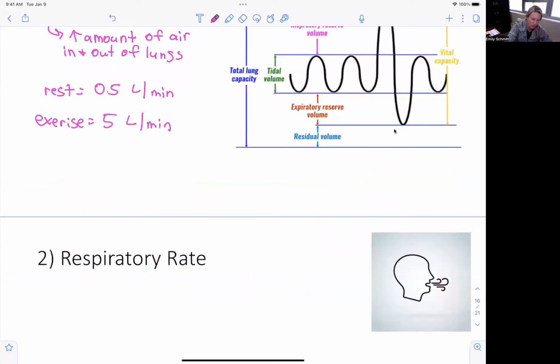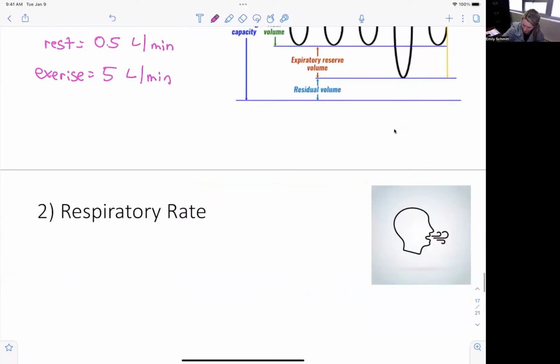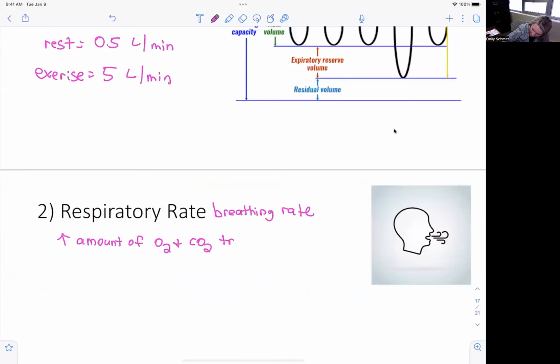So let's talk about respiratory rate or breathing rate. We are talking about an increase in the amount of oxygen and carbon dioxide transport.